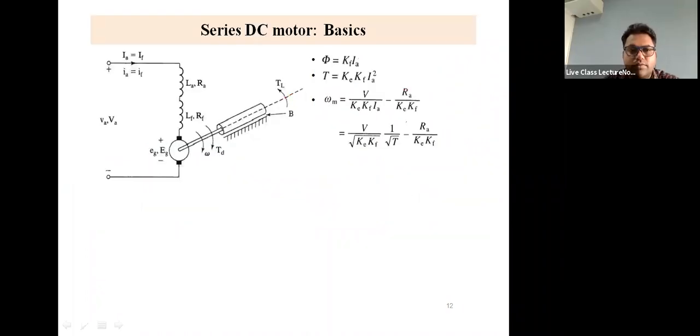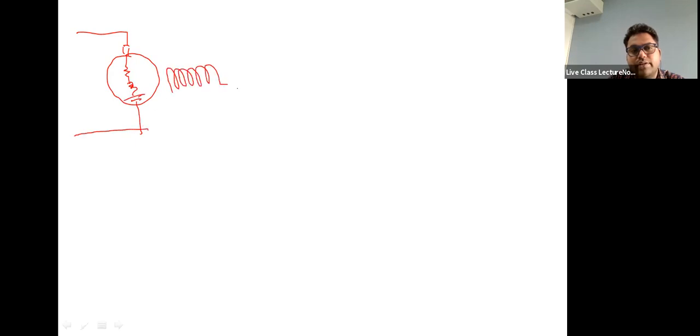Okay, so what are the basics of this? Let me show you. In the motor we have this RLE type of load, and for the separately excited motor, we have this extra supply for the field.